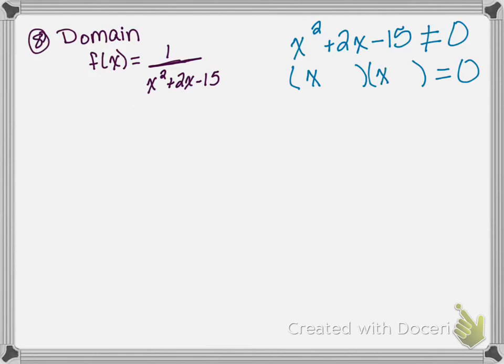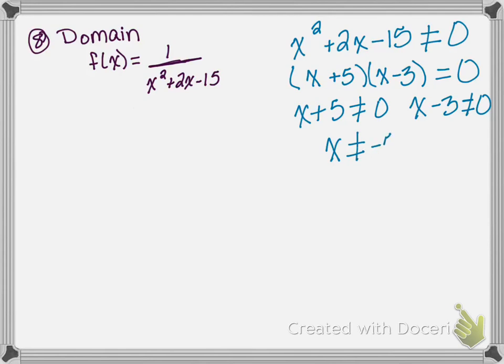I need two numbers that multiply together to give me negative 15 and added together give me positive 2. So that's going to be positive 5 and negative 3. So x plus 5 can't be 0, and x minus 3 can't be 0. So x cannot be negative 5 and x cannot be 3.